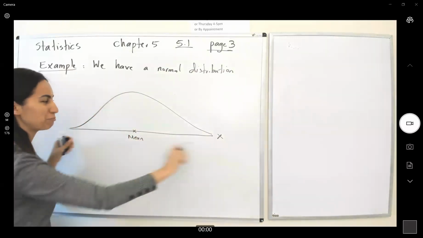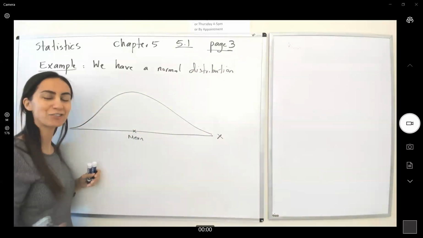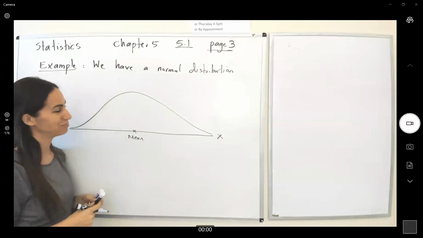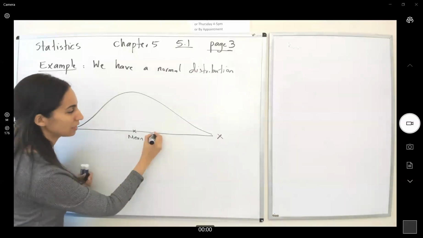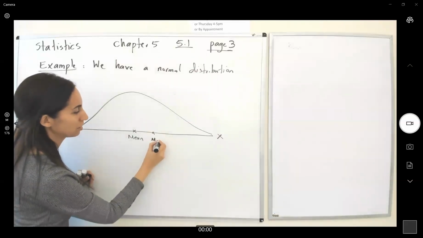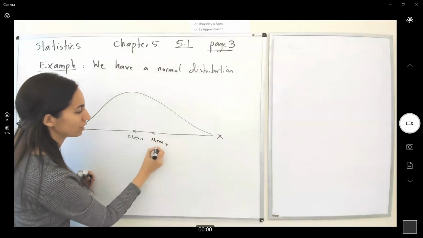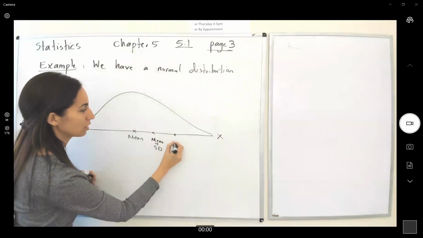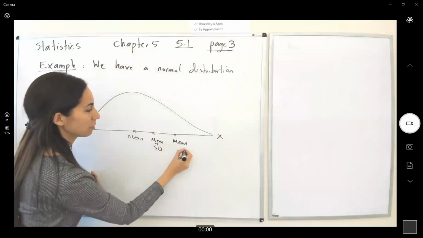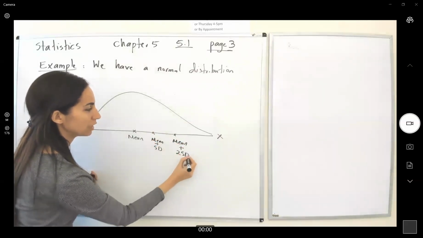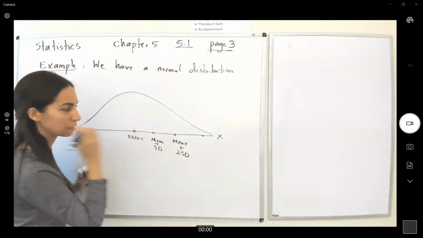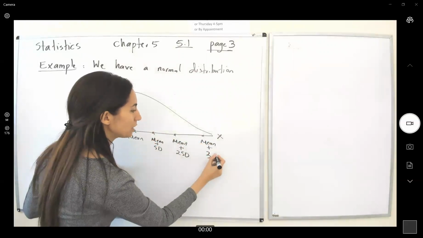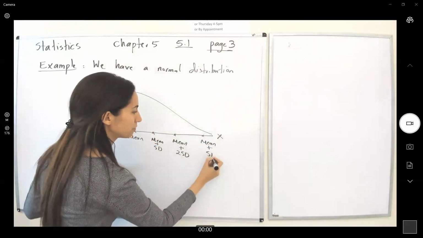So if you find a middle number, you can actually have or guess your mean, the center. Then mean plus 1 standard deviation, then mean plus 2 standard deviations, and here near the tail we have mean plus 3 standard deviations.